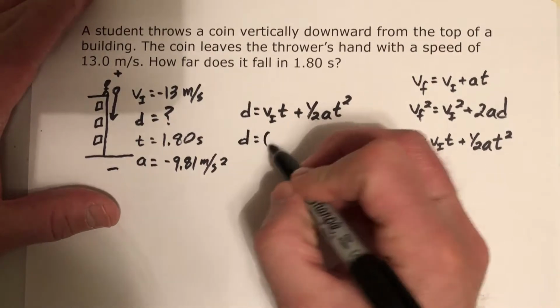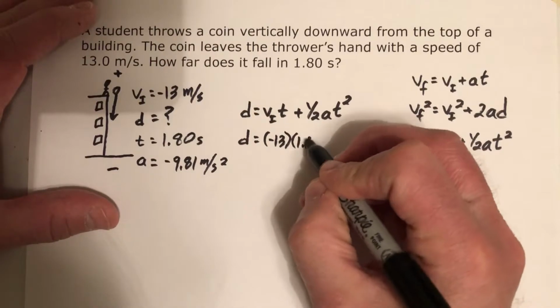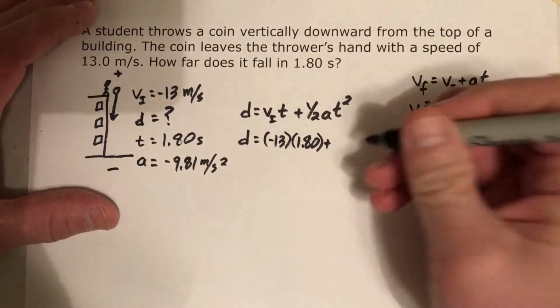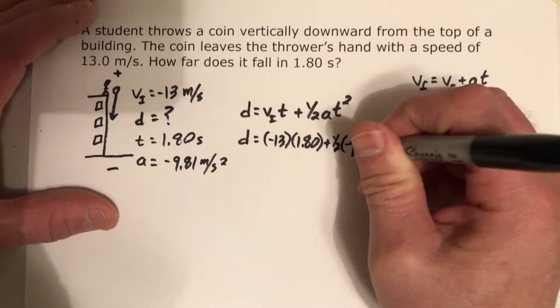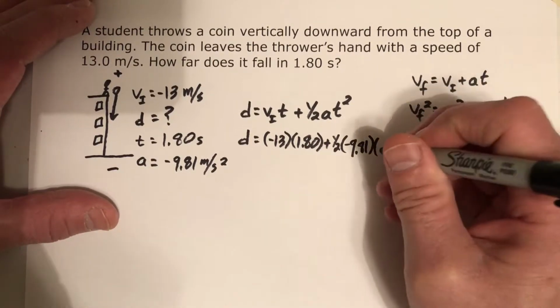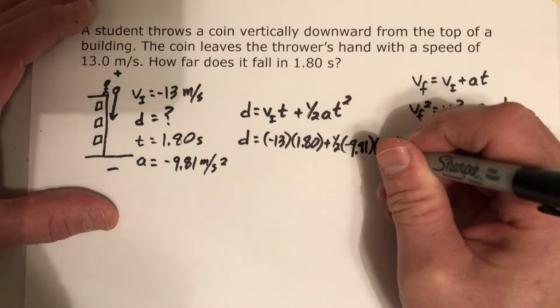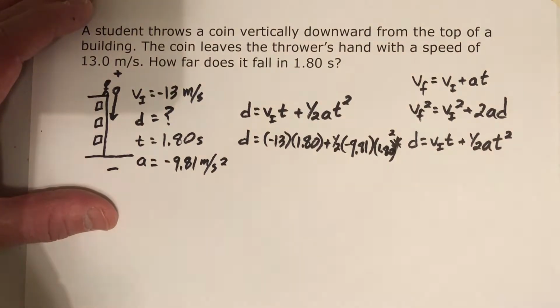D equals, VI is negative 13, the time is 1.8, plus 1/2, acceleration is negative 9.81, and T becomes 1.80, and that is squared. So now we're going to do some math.